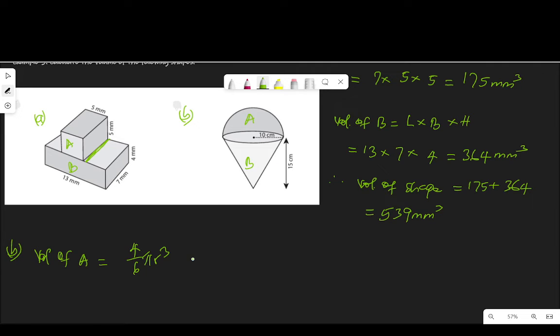And that will be 4 over 6 multiplied by pi, which is approximately 3.142. The radius of the hemisphere is 10, and 10 to the power of 3 is 1,000. So 1,000 multiplied by 3.142 is of course 3,142.